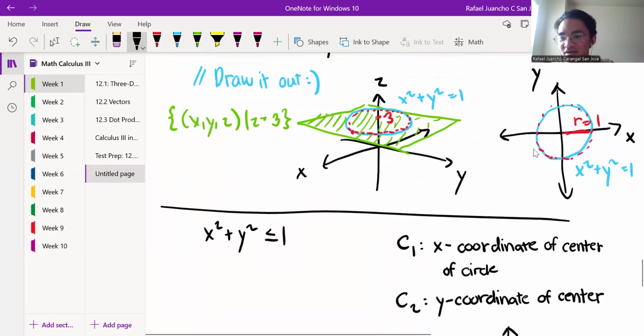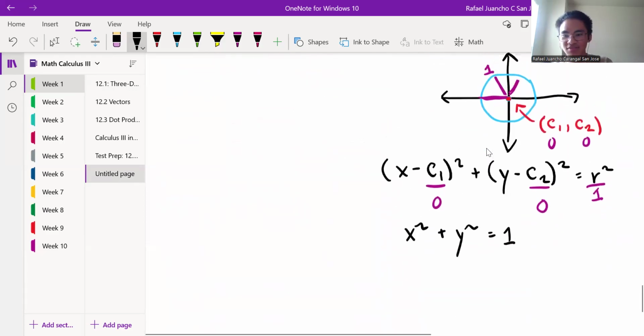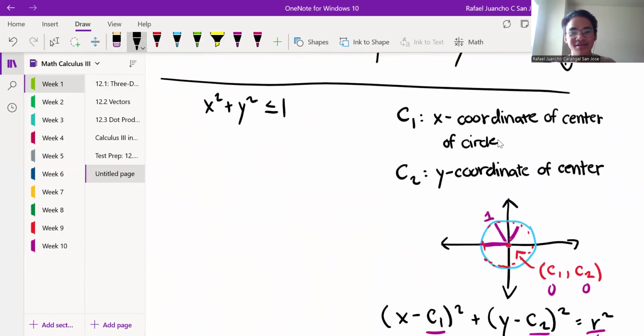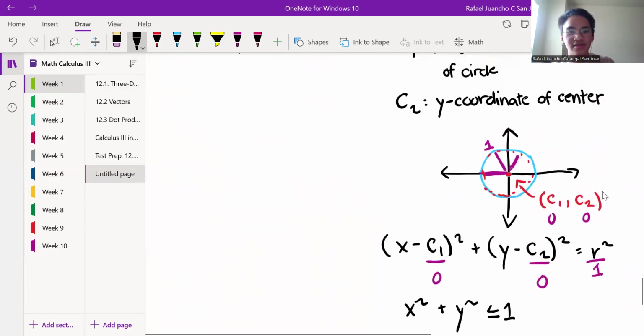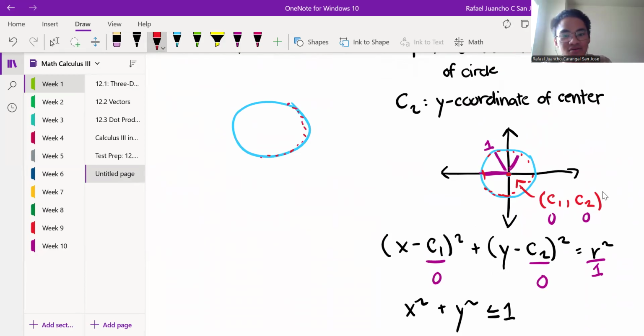Those are the points exactly there. But now it's asking for the points less than or equal to 1. Let's say this is a circle, and let's not impose coordinates. If it's equal, it's everything on this blue curve.